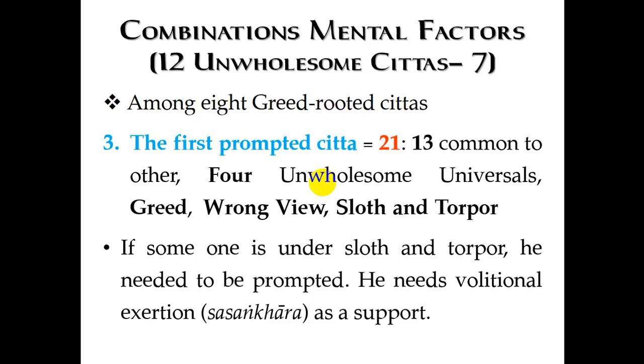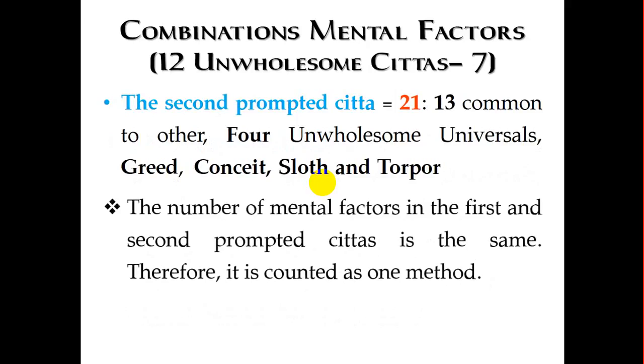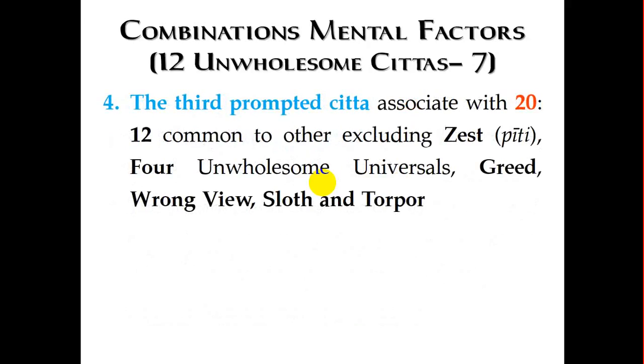So this one is the first Pranacheda, 21. The second Pranacheda, 21. They have the same number, so they are counted as one method. The third Pranacheda is only 20, because we have to exclude zest.